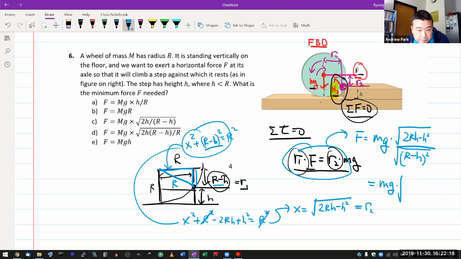It's possible I made a mistake in this solution, because if you factor out one factor of H, it's H times 2R minus H. I don't think that can be canceled out the way I did a cancellation.